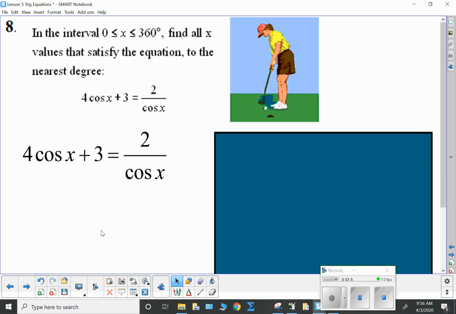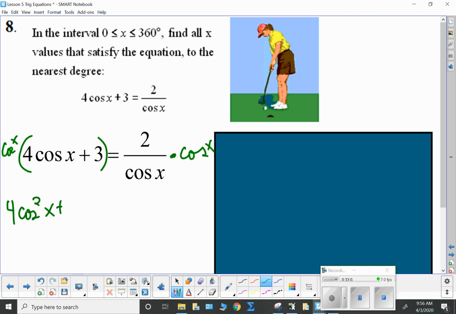Right. Try this one. Ooh, tricky. Let's see if we can at least get a start on this. Notice that I've got cosine in the denominator. If I multiply this side by cosine x and this side by cosine x, I'm going to get 4 cosine squared x plus 3 cosine x is equal to 2.